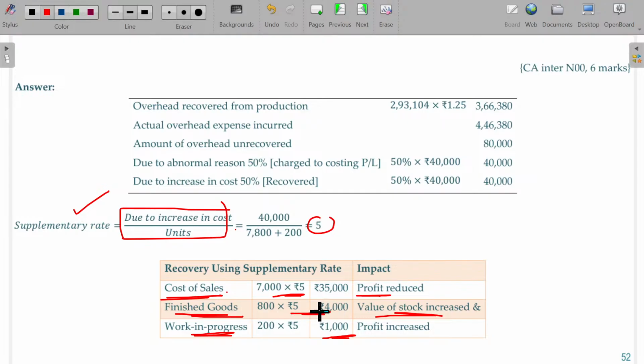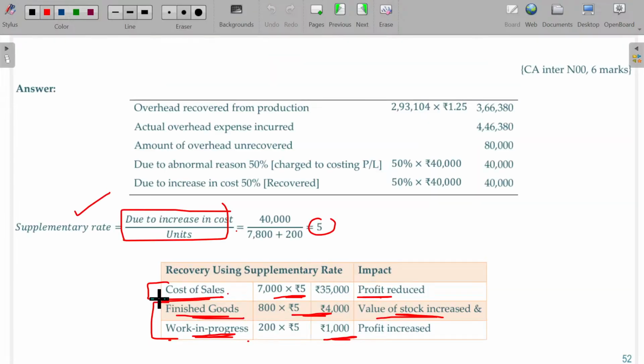If you are inflating the finished goods, closing stock of finished goods is a credit item. If you are showing higher, the value will be increasing. As well as work in progress also be shown in the credit side of the manufacturing account. By increasing the credit side value, P&L profit will be increasing. These two cases, profit will be increased. And in this case, if you are not recovering it from the customer, the profit will be decreasing.